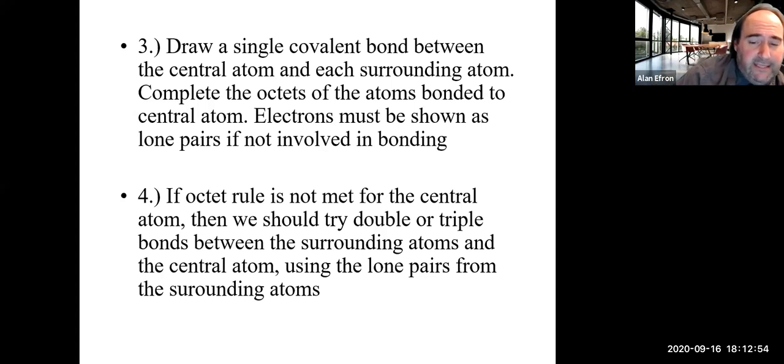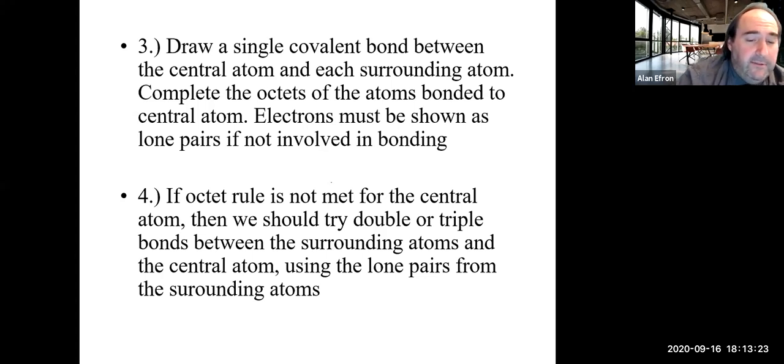So you want to save double bonding and triple bonding to fix something. It's very common for people to double bond and triple bond right out of the gate, just laying down lines on everything because it looks prettier, and you will probably end up with the wrong picture. So I highly recommend you wait, and double bond and triple bond only if necessary to fix a problem, not create a problem like it usually does.